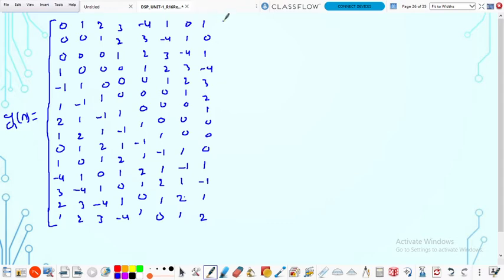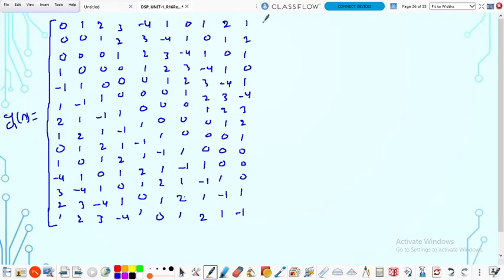And again rotating, the samples are 2, 1, 0, 1, minus 4, 3, 2, 1, 0, 0, 0, 1, minus 1, 1. And again rotating, 1, 2, 1, 0, 1, minus 4, 3, 2, 1, 0, 0, 0, 1, minus 1.